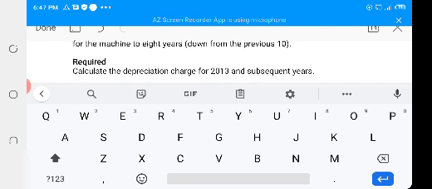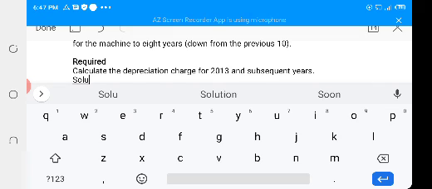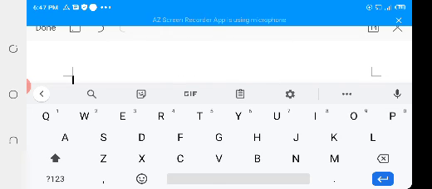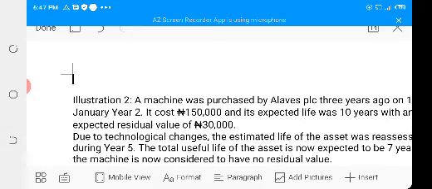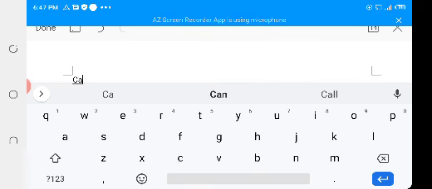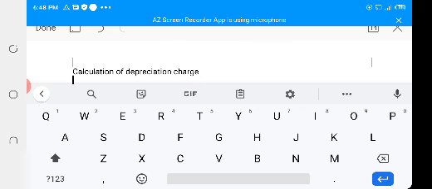So, the solution to this question. For instance, we want to know the depreciation charge for the previous years.